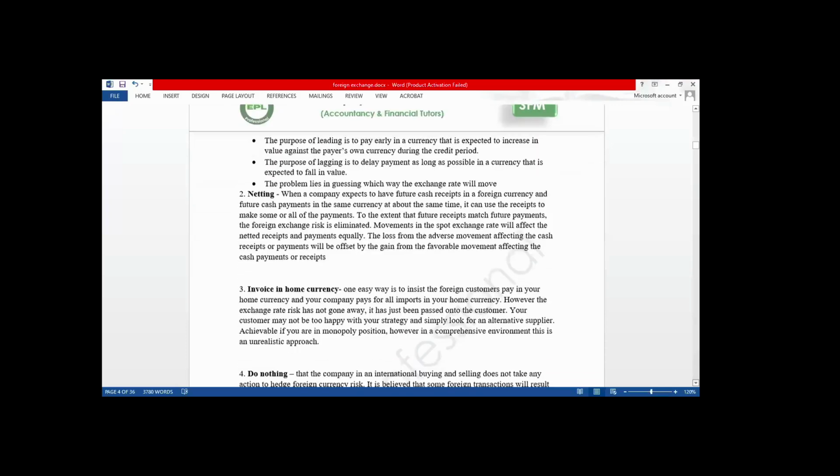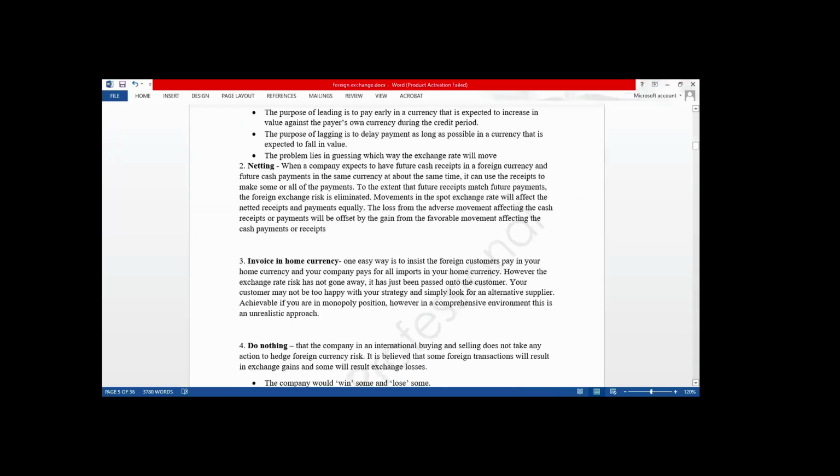Number 3, invoice in home currency. The easiest way to avoid currency risk is to invoice your receipts in home currency. You can quote your prices in domestic currency.